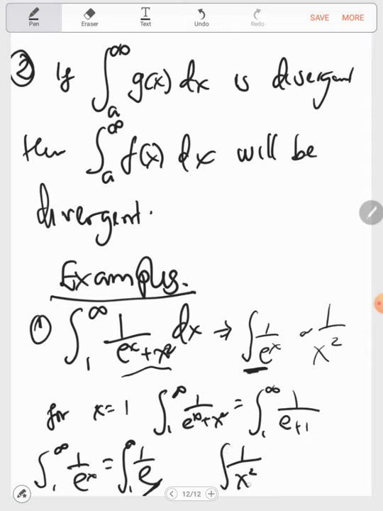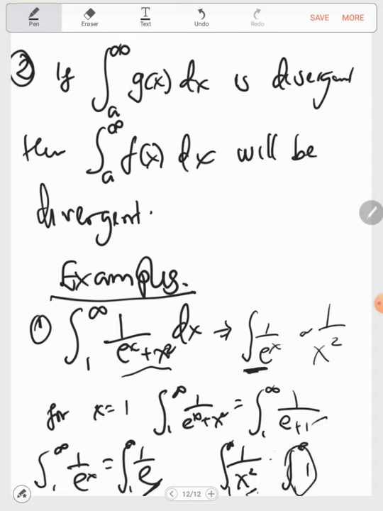If we have 1 over x squared and our x is just 1, then we know it's this integral from 1 to infinity of 1. So the other one has 1 over e plus 1, then the other one has just 1. So this one is actually bigger than that.